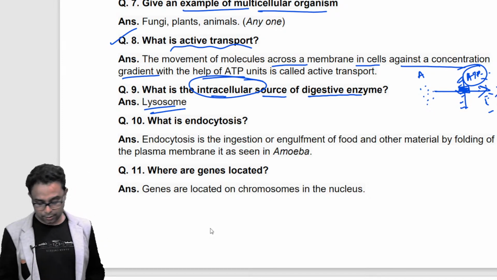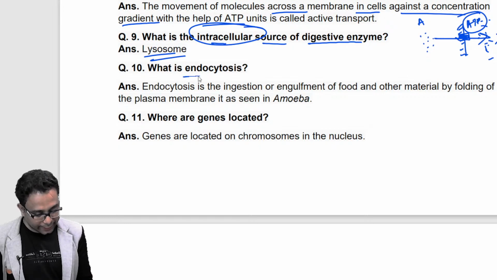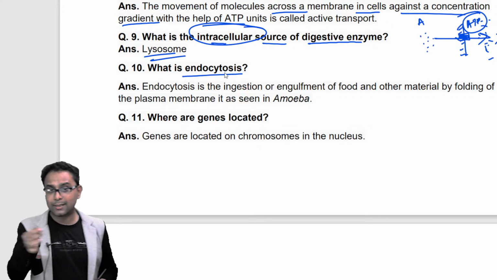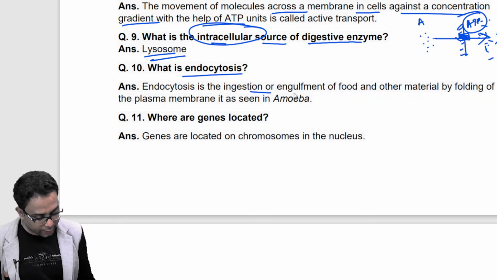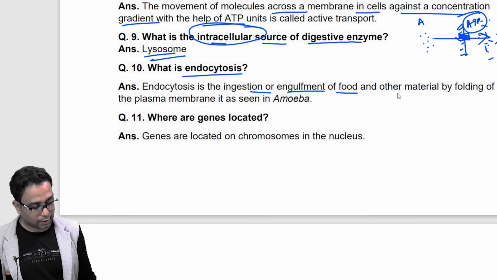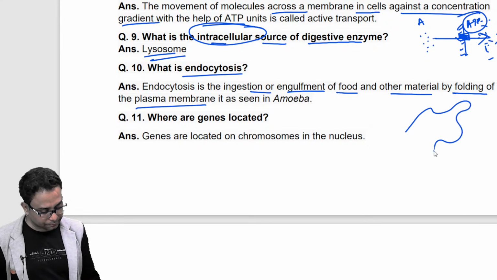Very important question. Next question, what is endocytosis? Endo means inner, right? Endocytosis is the ingestion or engulfment of food or other material by the folding of the plasma membrane. Like the amoeba.